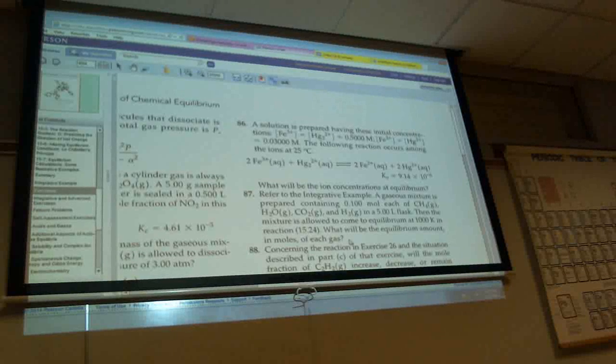And so the initial concentrations are given here. The iron 3 and mercury 1 are 0.5 thousand. The iron 2 and mercury 2 are 0.03 thousand.